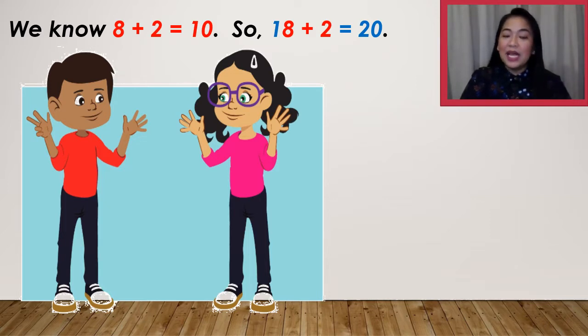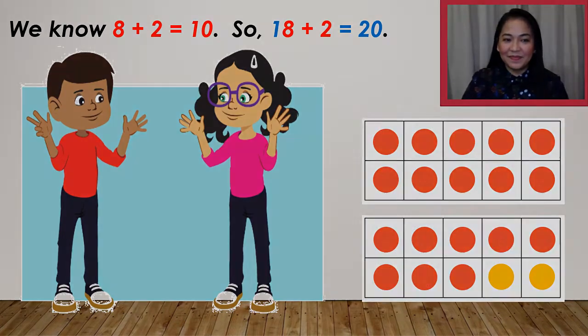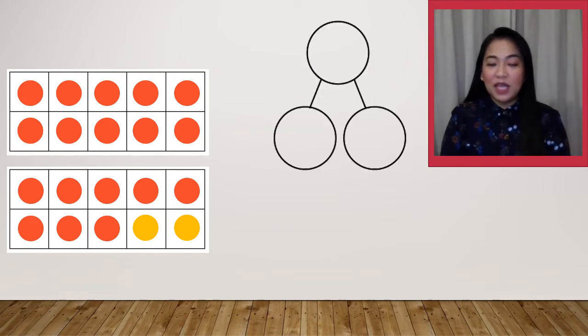Now, children, let us represent these numbers using 10 frames and counters. Work along with me, and let's discuss more about this. Let us now fill in our part-whole model using the numbers shown by the 10 frames.